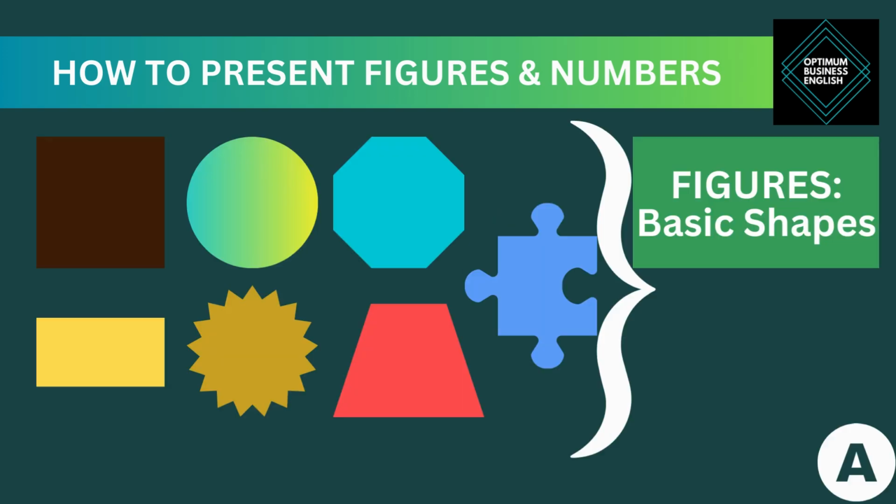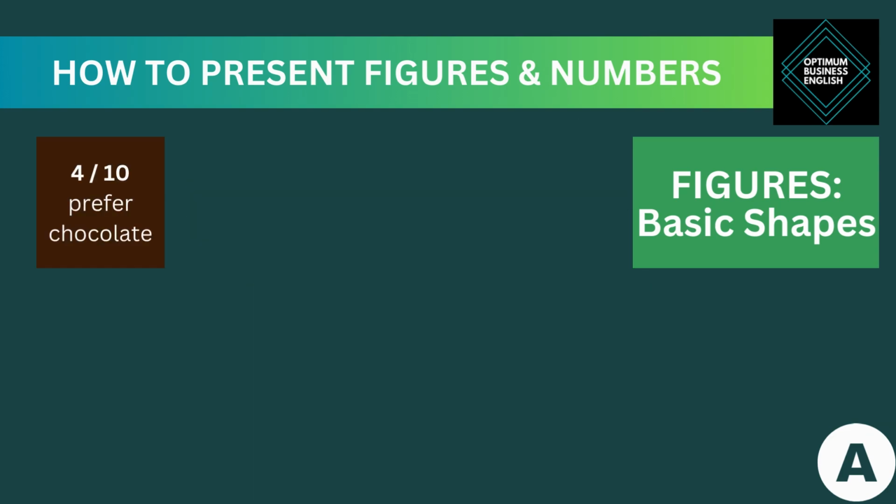Starting with the various shapes such as squares, rectangles or circles, etc., which may be used to represent numbers or results. And you could either represent the number within the shape as a fraction such as 4/10 or 4 in 10. Or you could use a percentage.